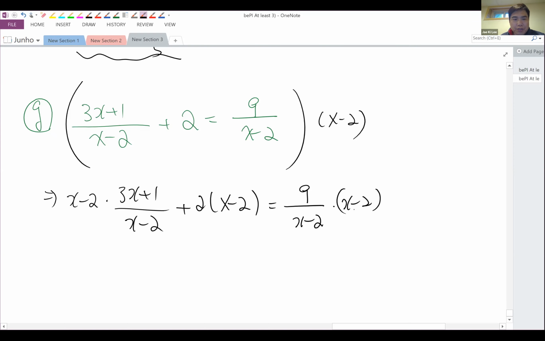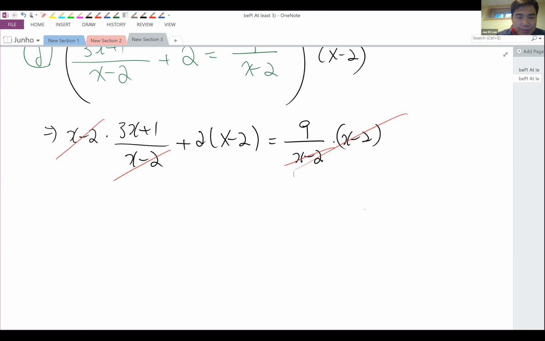I really hope you understand what we are doing. So cancel out all these common factors between numerator and denominator. Then this becomes 3x plus 1 plus, I'm going to distribute, 2x minus 4 equals 9 here.